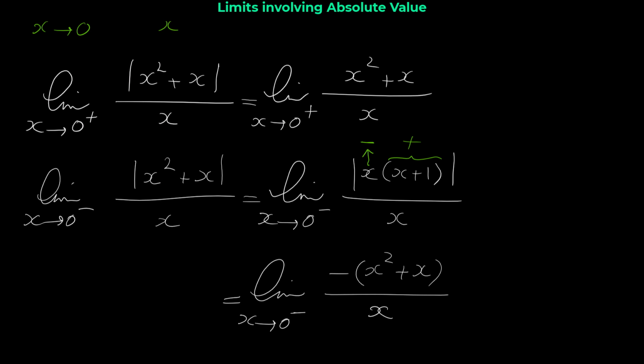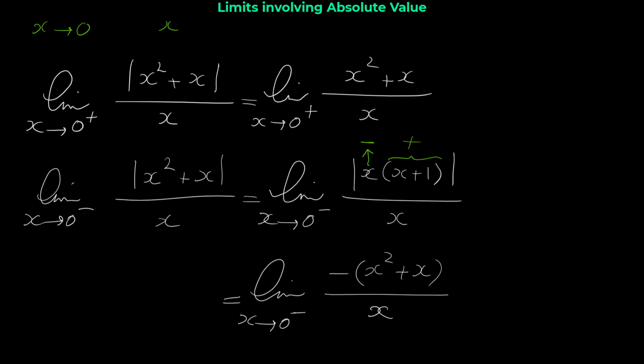Now let's go back to the limit which we had here. If we factor x, x from the top cancels with x from the bottom and only x plus 1 remains as x approaches 0. If we substitute 0 for x, 0 plus 1 is 1.